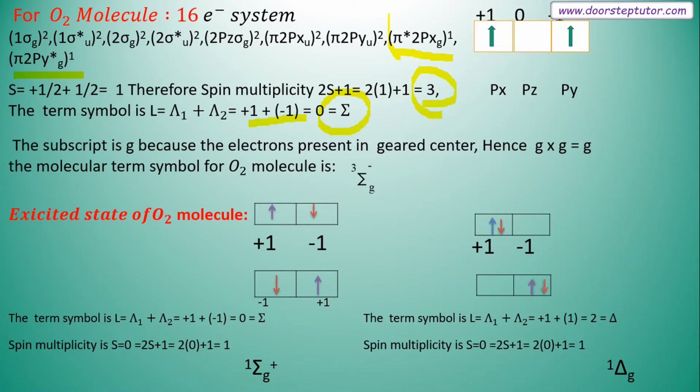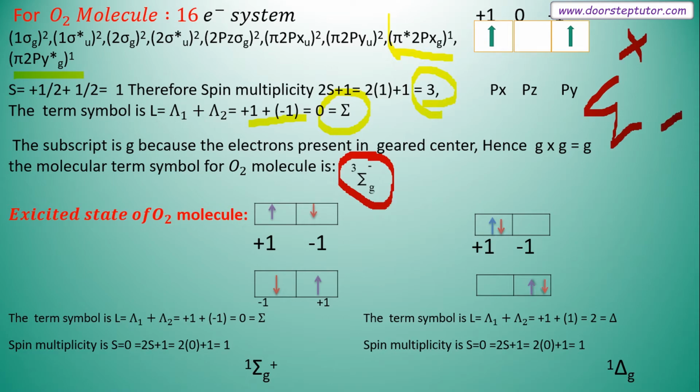So the molecular term symbol for this O2 molecule is 3 sigma g minus. Already I said, students, if the term symbol is sigma, the superscript may be positive or negative, and we will assign it.